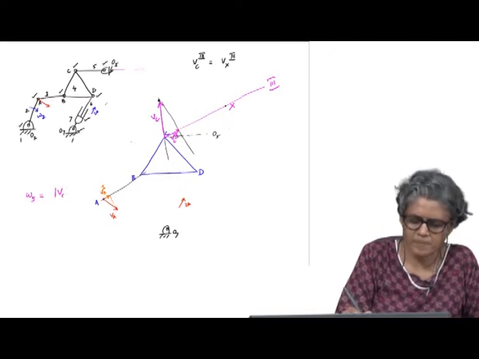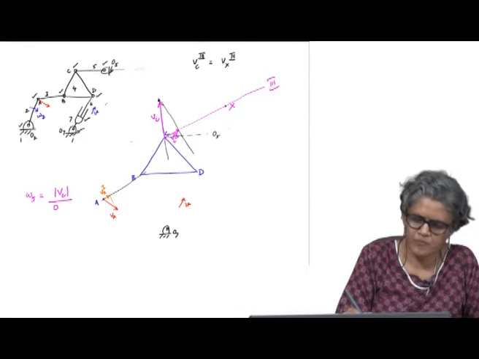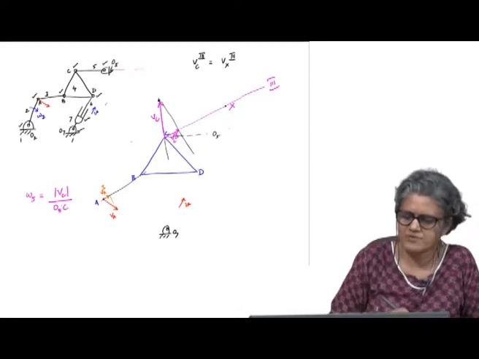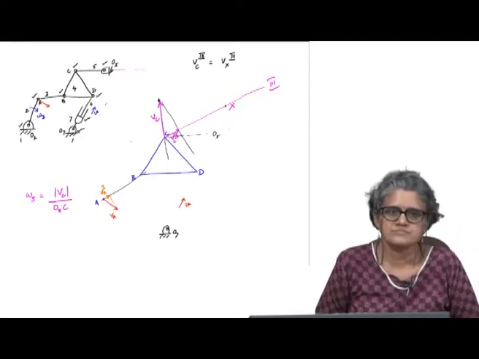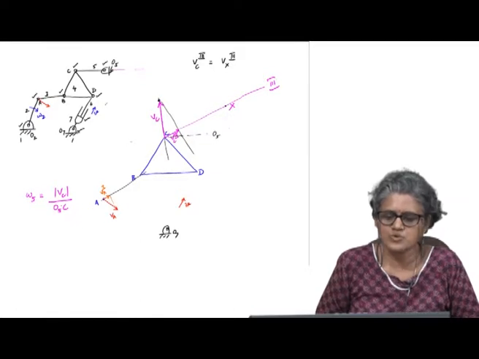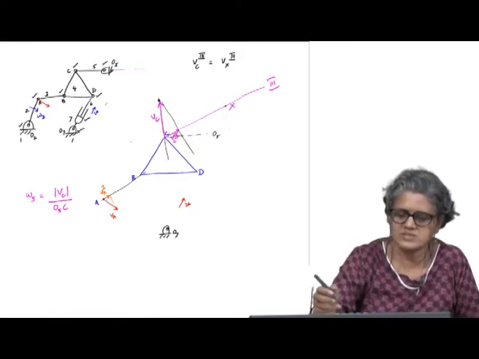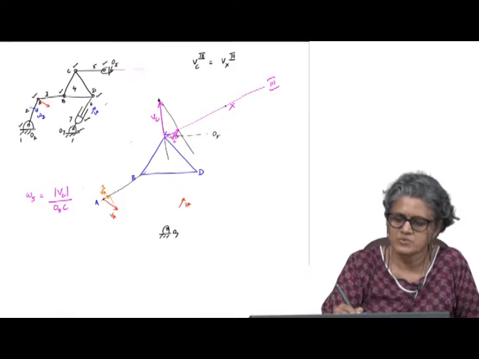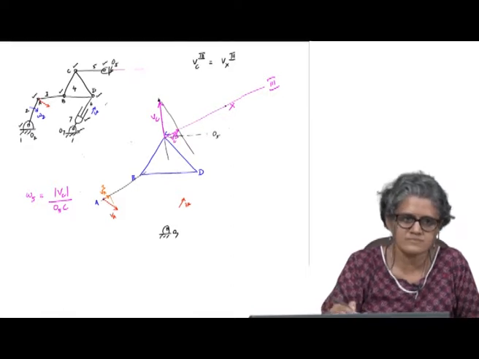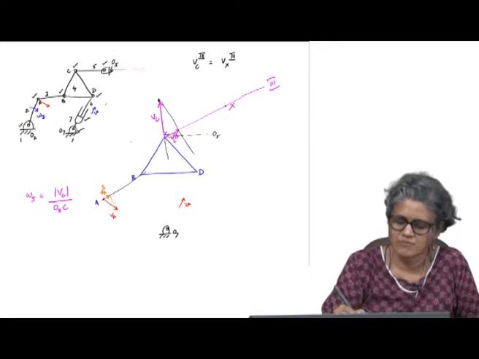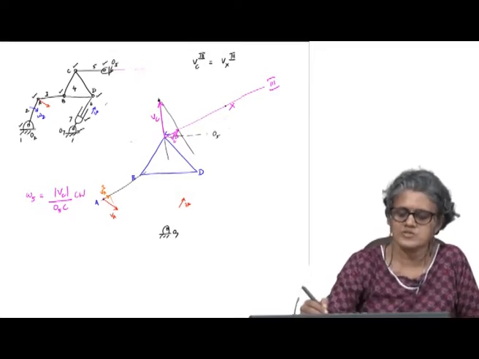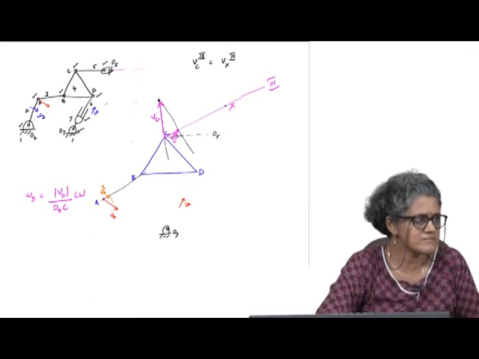It will be this divided by O5C, and the direction, in this case, would be clockwise, because of the direction of this velocity.